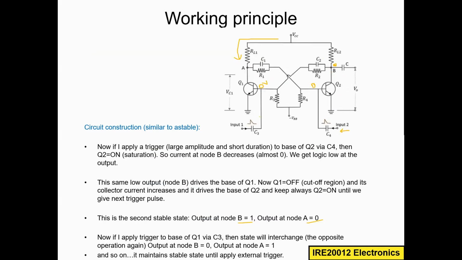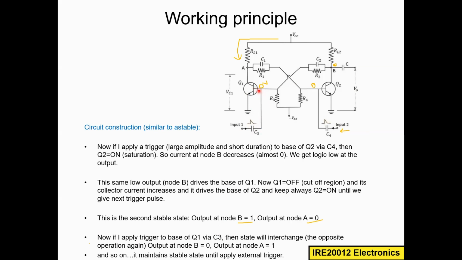Now if I apply the trigger again to the base of Q1 via C3, so here I apply this trigger signal to the base of Q1.